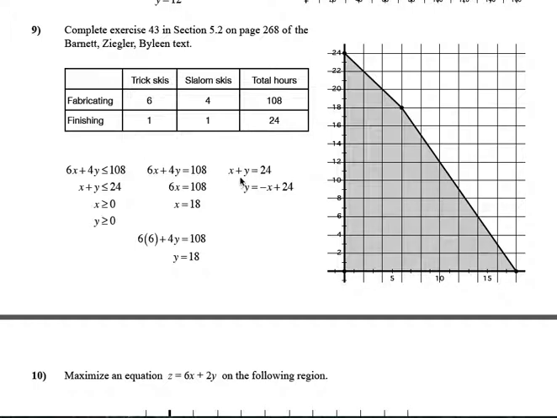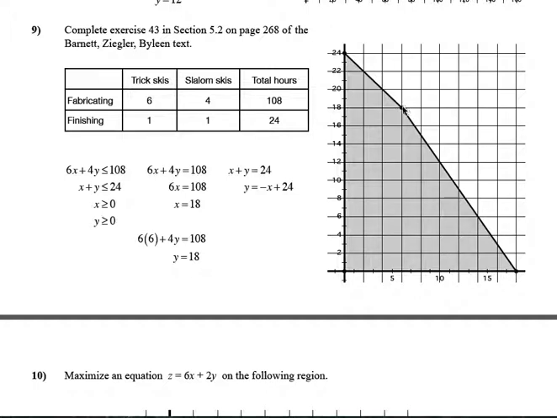the other line, x plus y equals 24, has a y-intercept of 24 and a slope of -1. And so I go down 1, over 1, down 1, over 1, down 1, over 1, and I see that x is 6, y is 18, is a point on that line as well.